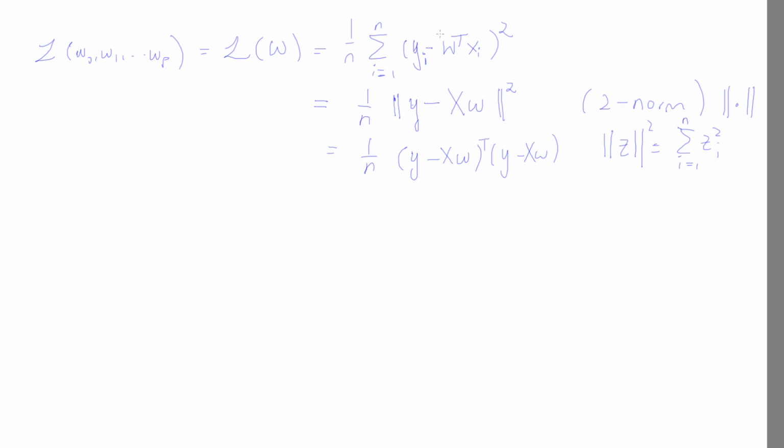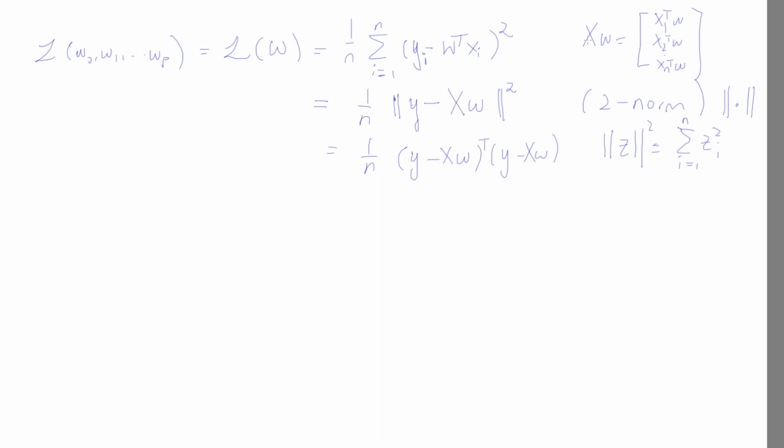You can prove to yourself, hopefully, that these are equivalent. All you need to do is expand Xw. Then you'll see that each row is x1 transpose w, x2 transpose w, up to xn transpose w.